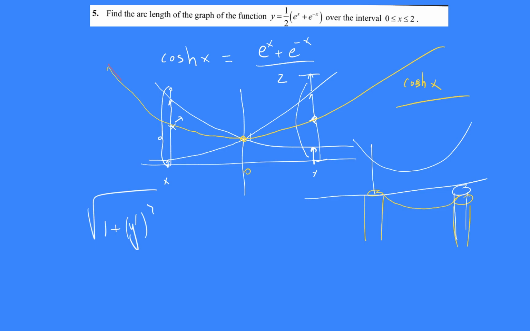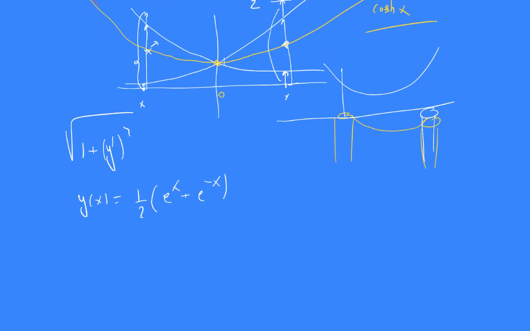Okay, so y of x is 1/2 e to the x plus e to the minus x. y prime of x would be 1/2 of e to the x minus e to the minus x. And you know which function this is? It's called sine hyperbolic of x.